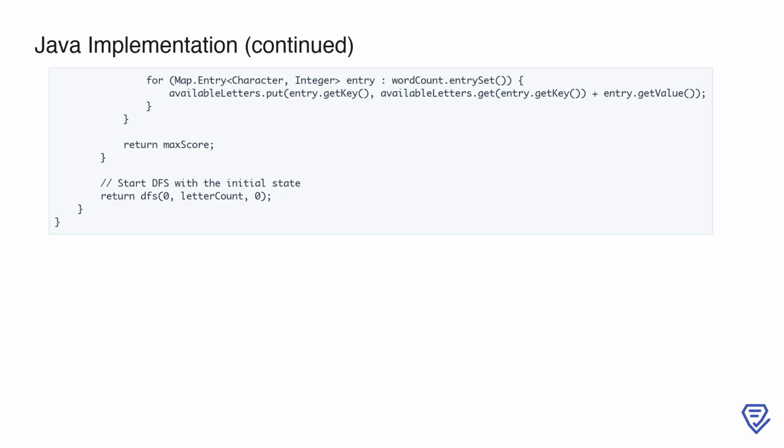Finally, the entire process begins with an initial call to the DFS function, starting at index 0, with the full set of available letters and an initial score of 0. The function then explores all possible subsets of words recursively, calculating the maximum score that can be achieved. This implementation combines recursion, backtracking, and helper functions to efficiently solve the problem while ensuring correctness at each step.